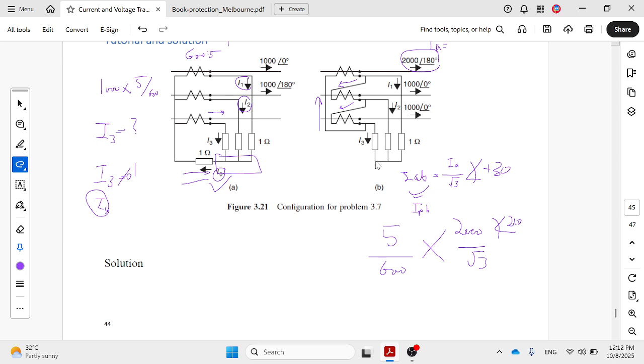So the current there is a bit of a challenge. You can do the others by yourself. This is only phase AB. You must consider phases BC and CA also, the same way.